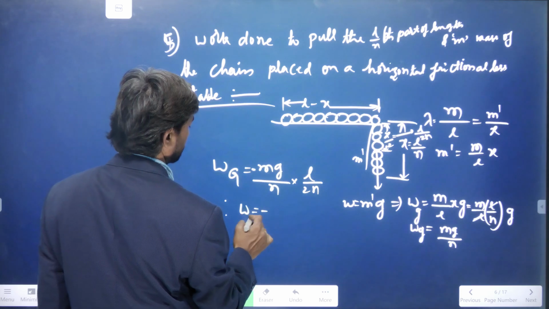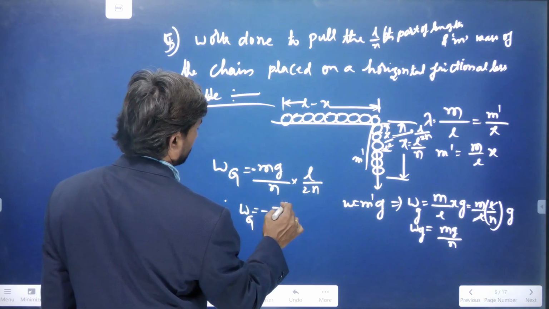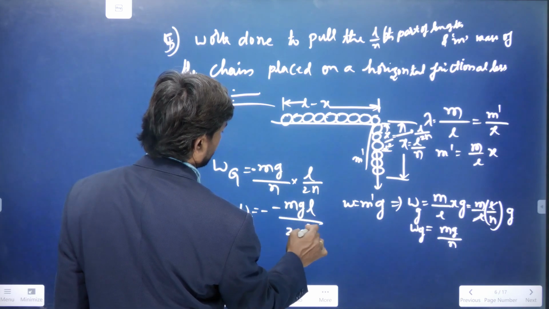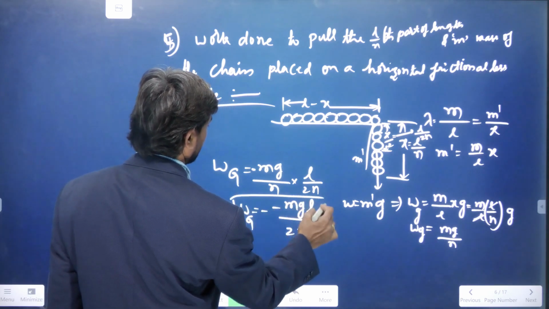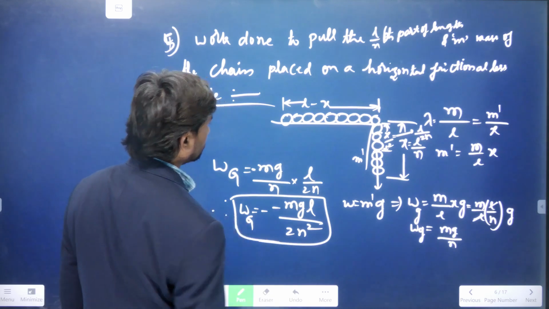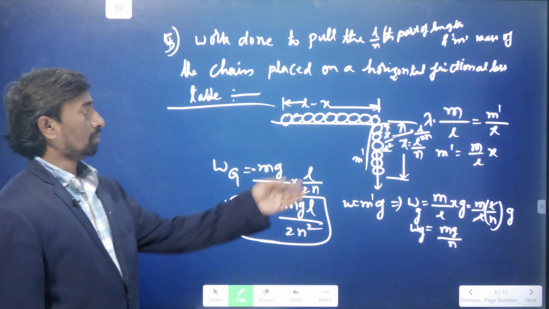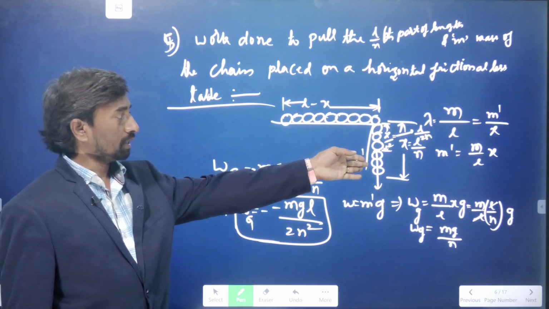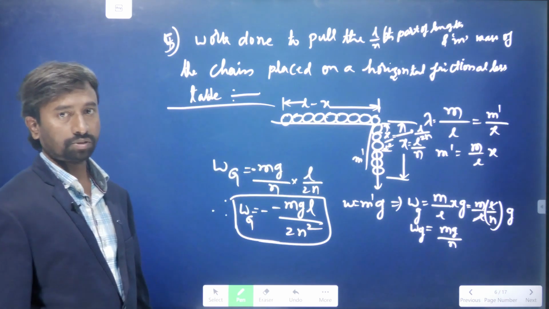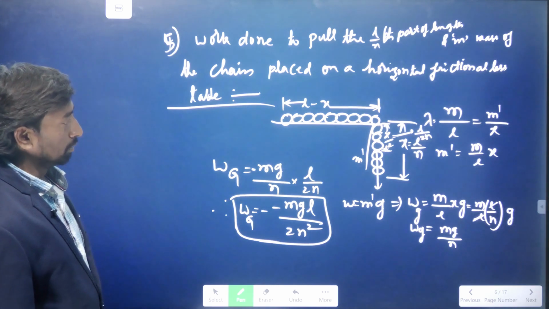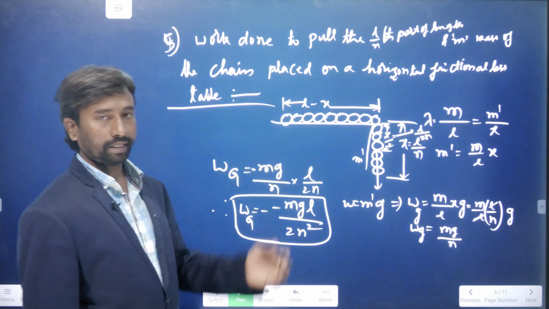So we can write minus, work done by the gravity is minus mgL by 2n square. Okay. So this is the work done to lift the L by nth part of the chain onto the table over the edge of the table there.